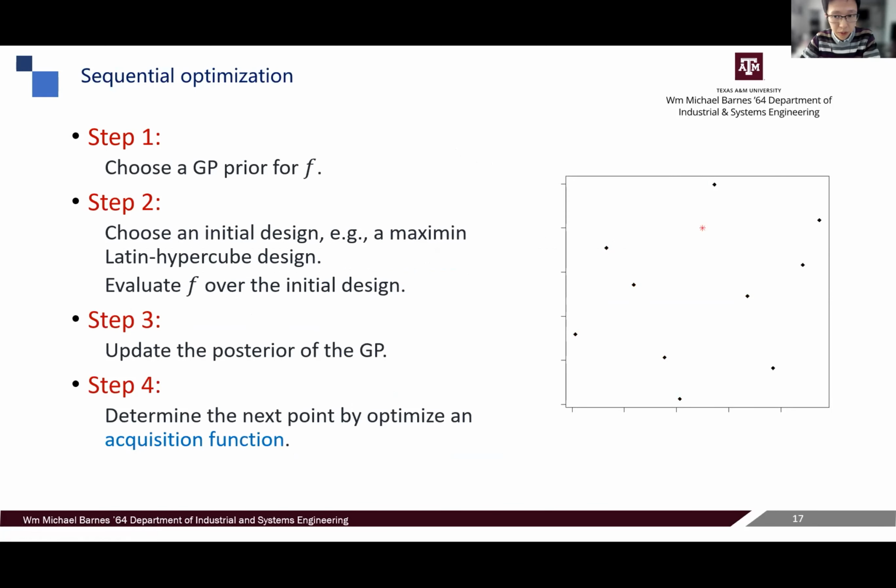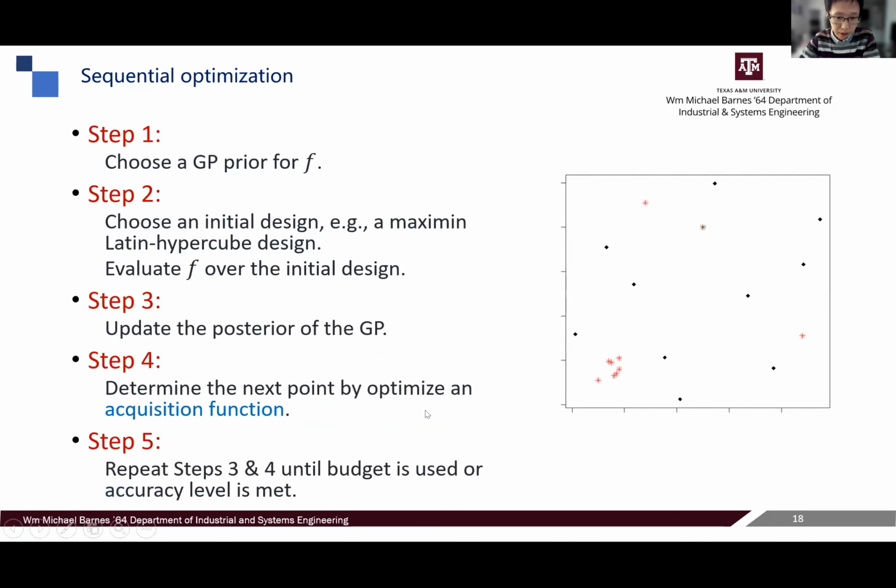But next, what we want to do is to decide which point we are going to run. From this step, we are going to sample at the point where we believe there is a great likelihood to observe the maximum. The general idea is that we determine the next point by optimizing a so-called acquisition function. It depends on which method you use.